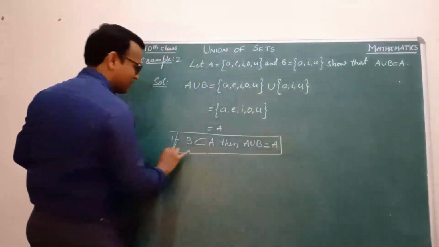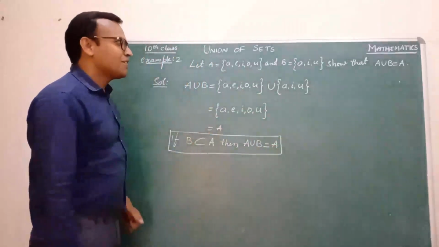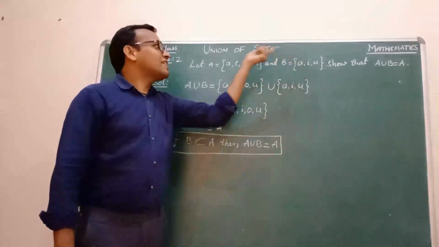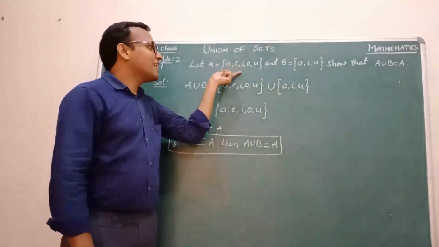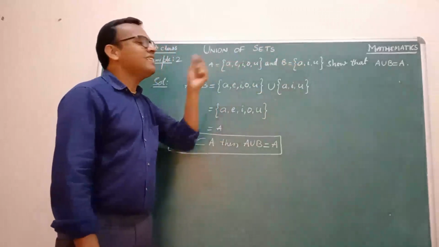This is what we understood from this problem. So when B is a subset of A, A union B is again A.